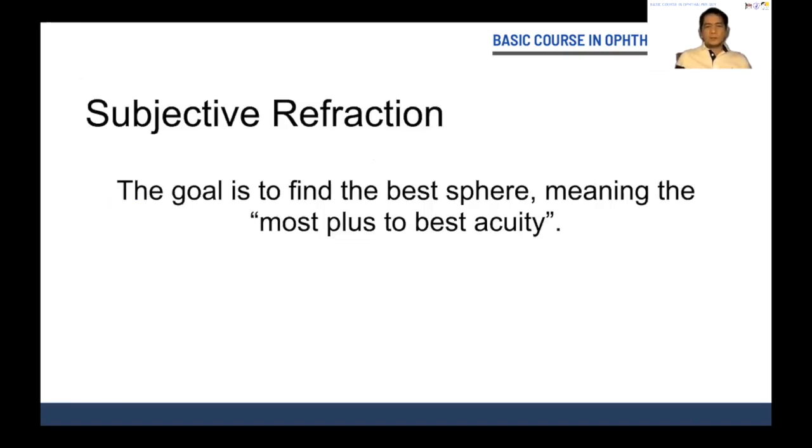The goal of subjective refraction is to find the best sphere, meaning the most plus to best acuity. As you can see, subjective refraction is a lot easier than objective refraction, because it is just putting in succeeding lenses to reach the best visual acuity, and that all depends on the patient's response.